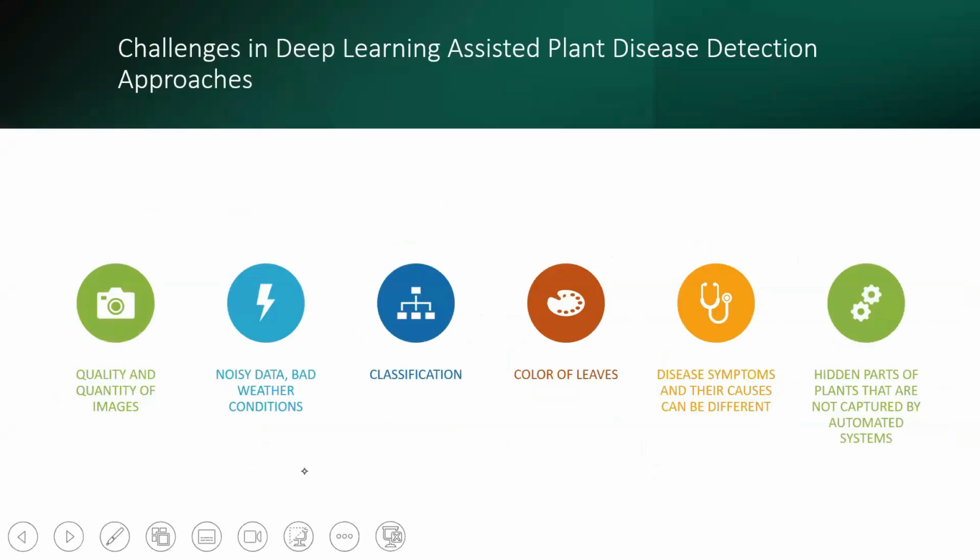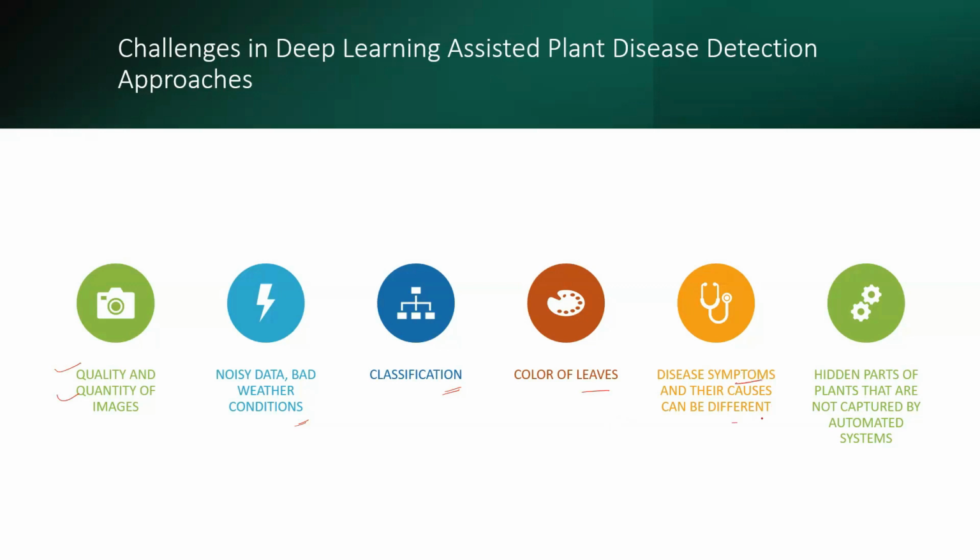These are basically challenges. Quality and quantity of images is very low, so you are going to increase the quality and the quantity of the images. Noisy and bad weather conditions are also challenging for collecting images. Classification is very challenging: which type of classifier you are going to use. Colors of the leaves, you have to consider whether leaf color is important to you or not.